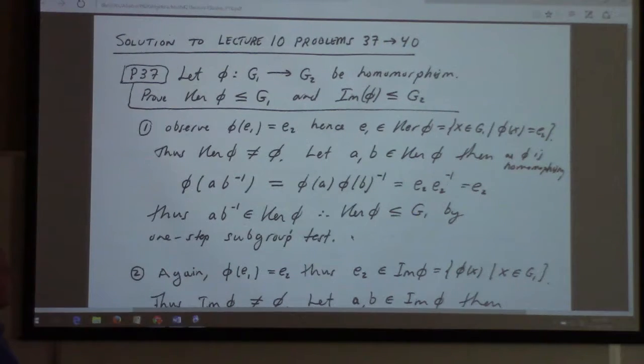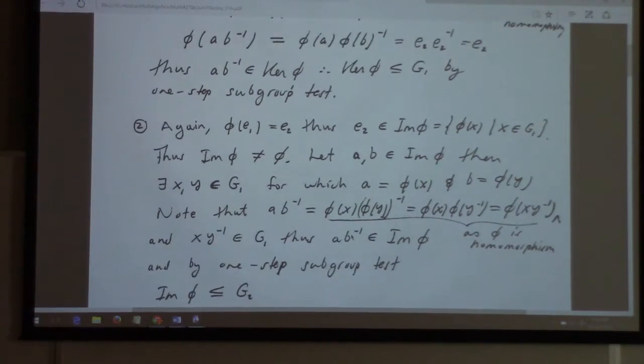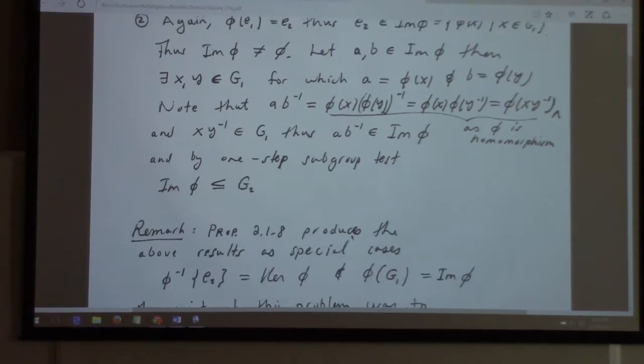We proved that before this point in the course, so I'm using that now. Of course, that's the identity again. So if A and B are in the kernel, then AB inverse is in the kernel. Therefore, by the one-step subgroup test, we have a subgroup. People don't usually have too much trouble with that one.